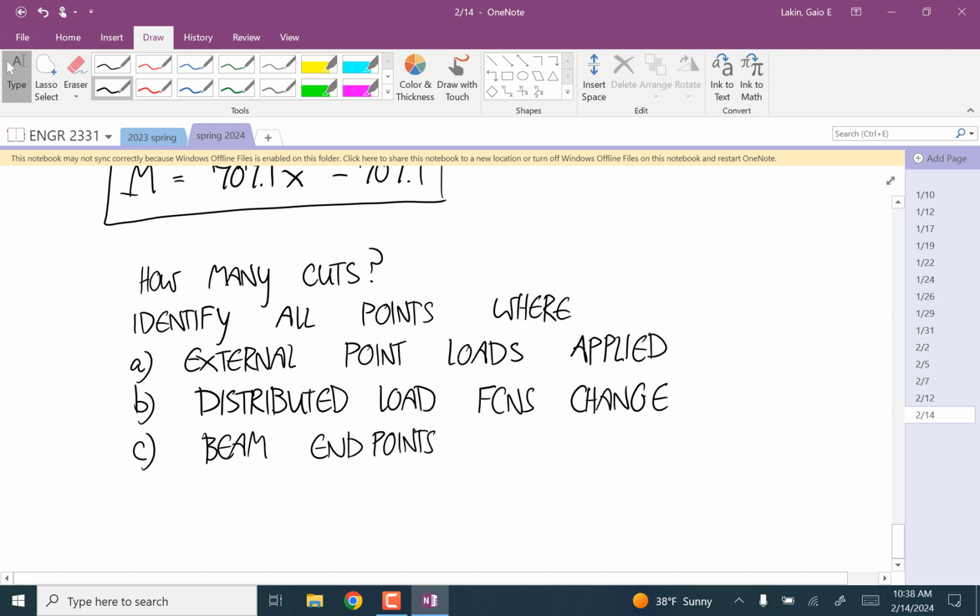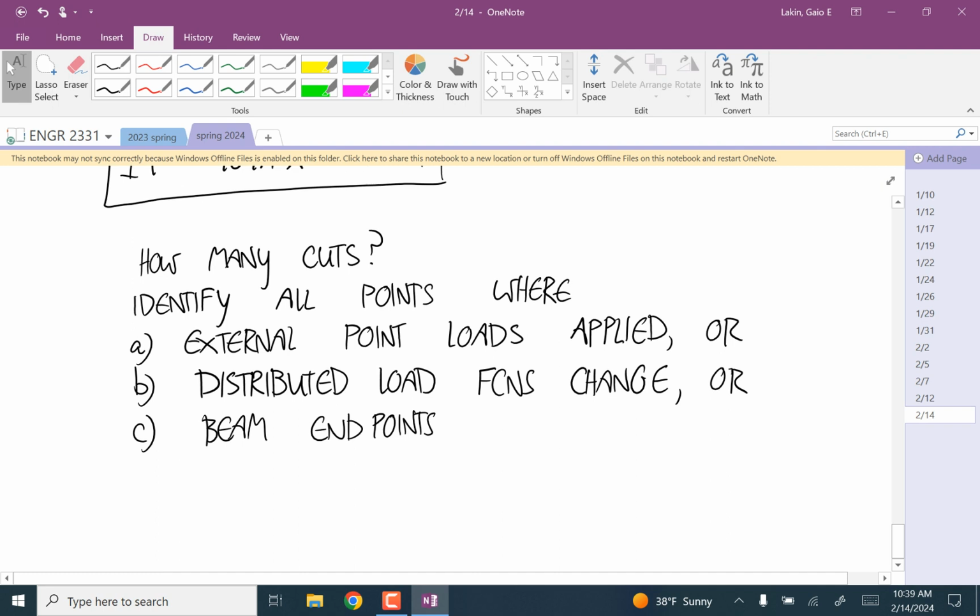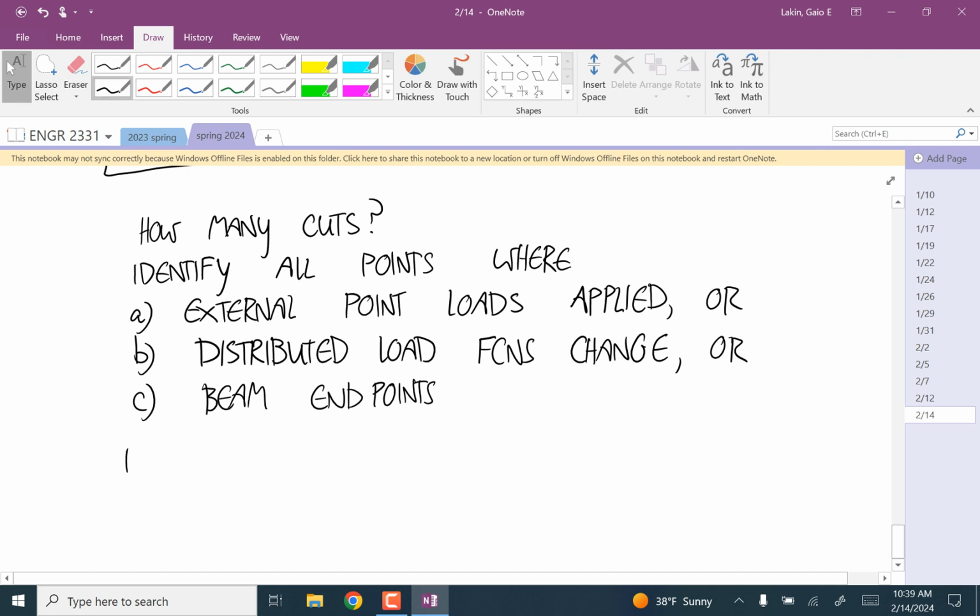Don't double count these points. So they can have any of these, okay? If there are n of those, you're going to need n minus 1 cuts.